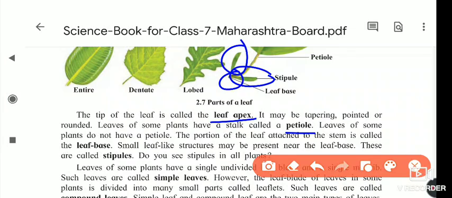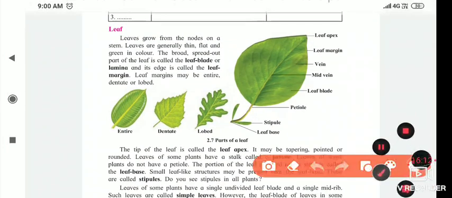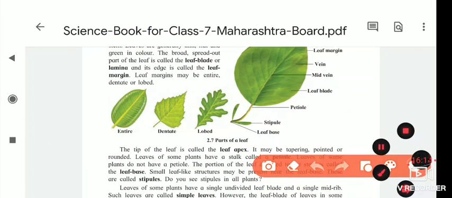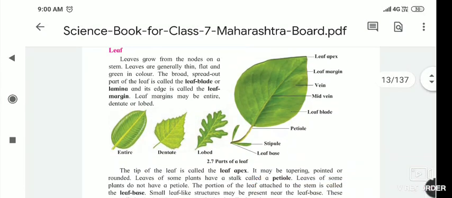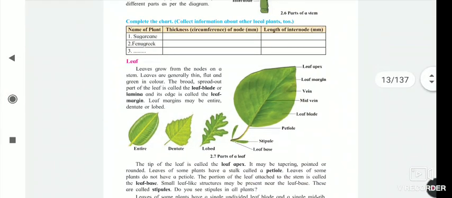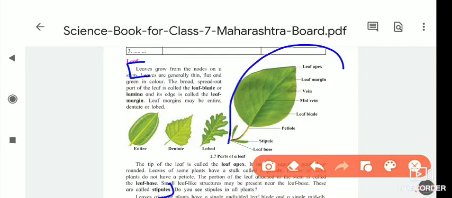So this is the explanation of the leaf. You have to write this question's answer from this part to this part, and the figure is necessary for this question.